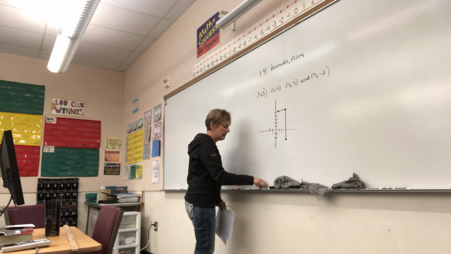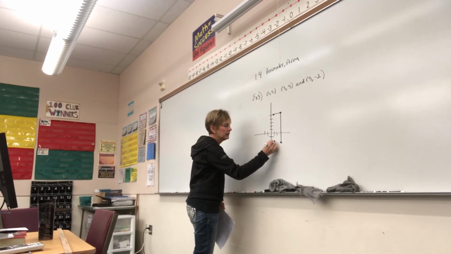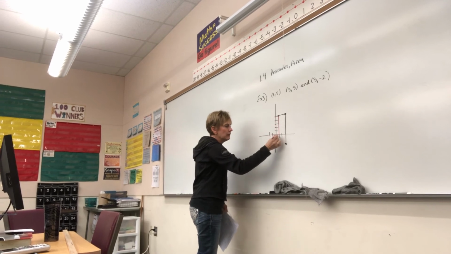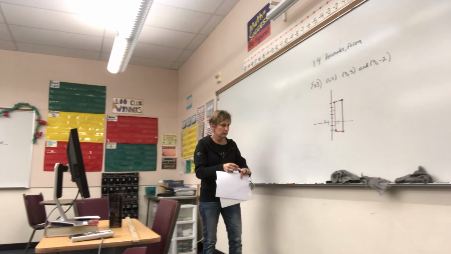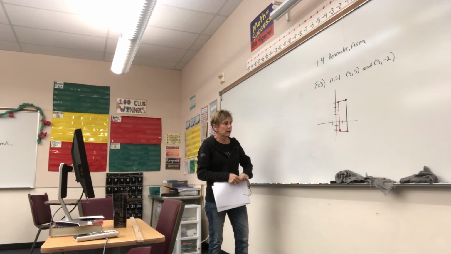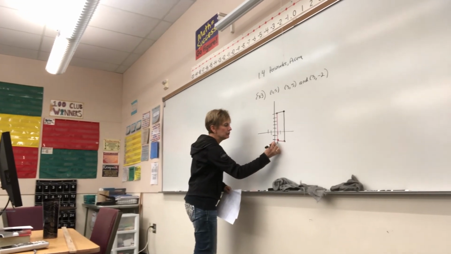So if we do that, we can kind of see that the other vertex can be right here. Doing so would allow us to have a perfect rectangle. If we count out where that spot is, it is at (1, -2).